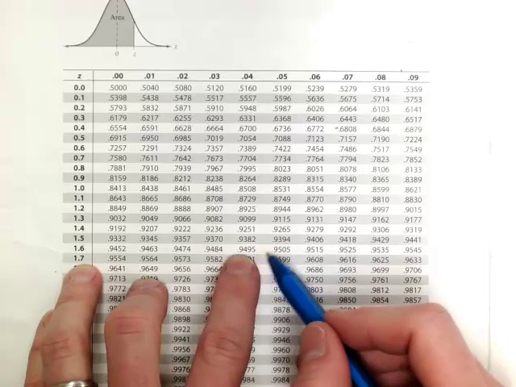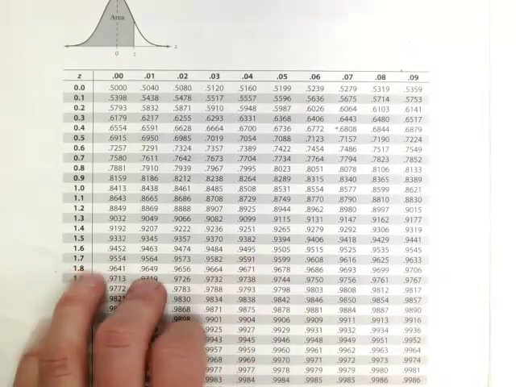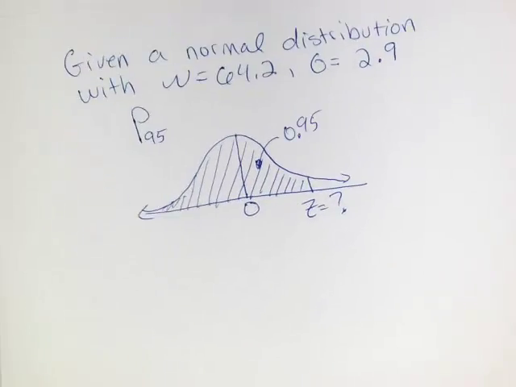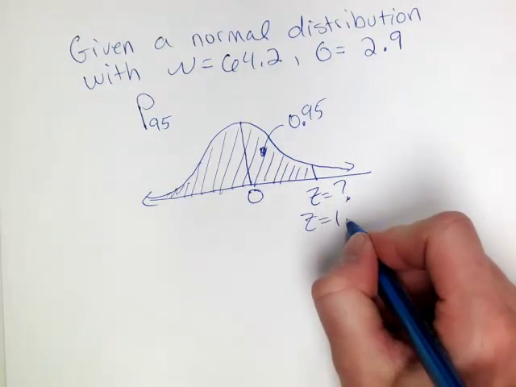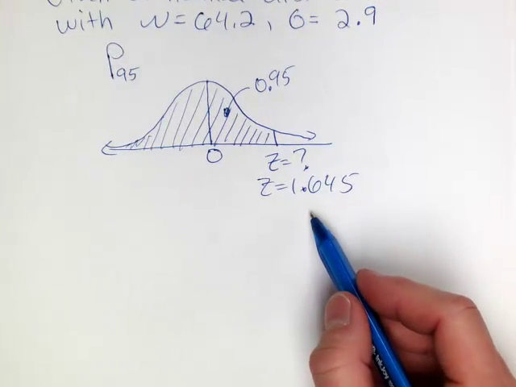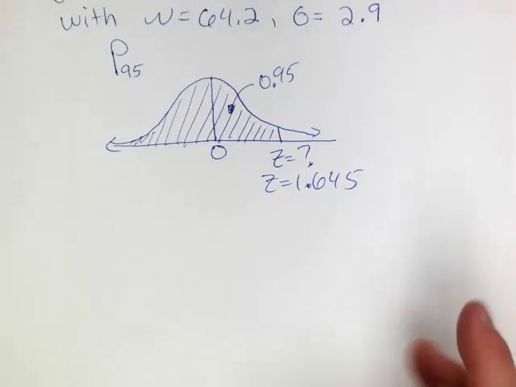It looks like it's exactly halfway between these two z-scores. So I'm going to call this z-score 1.645. Now this is not going to be the final answer. This is not a height. This is a z-score. So we're going to have to unstandardize that.